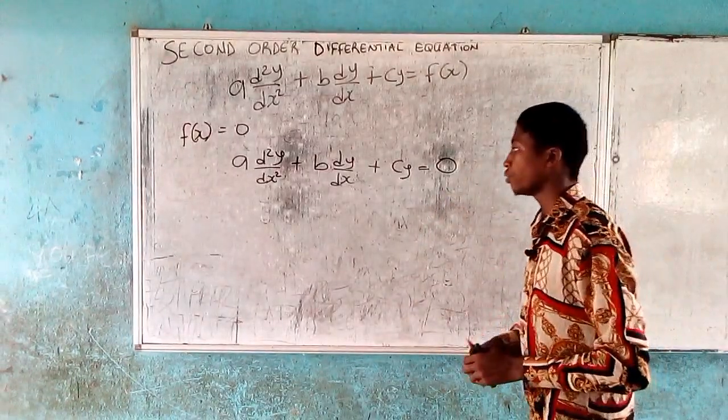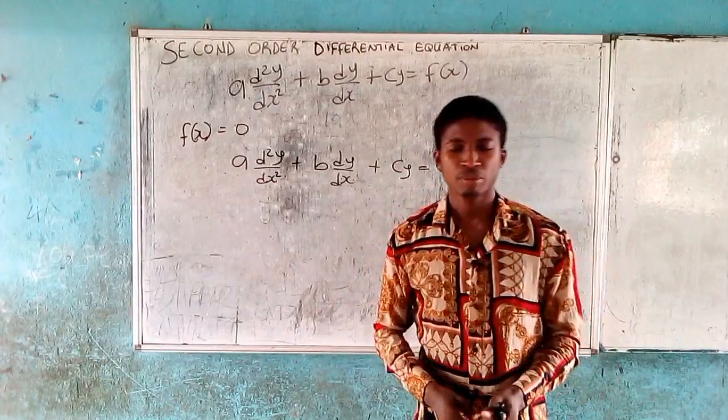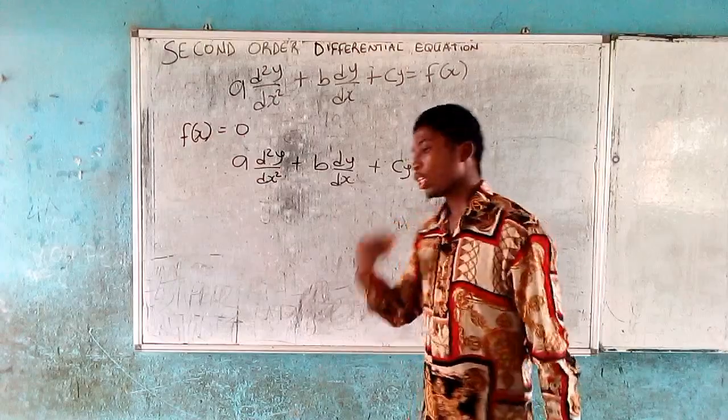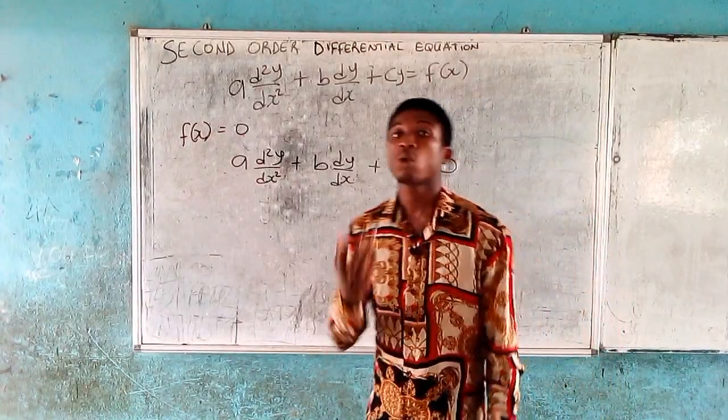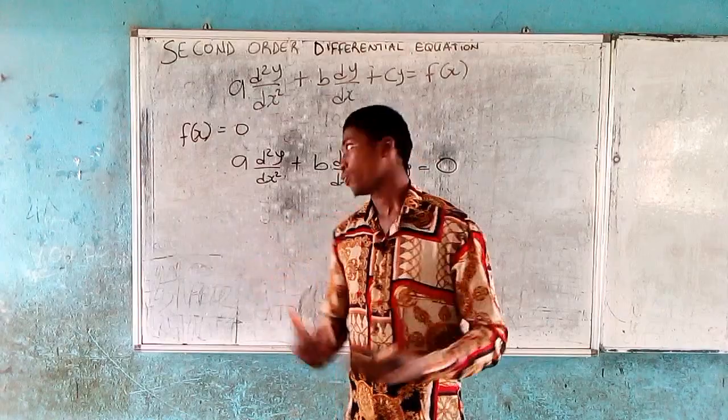Under the second order differential equation, there's something we call the auxiliary equation, and it is gotten from a quadratic equation. Where is this quadratic equation gotten from?